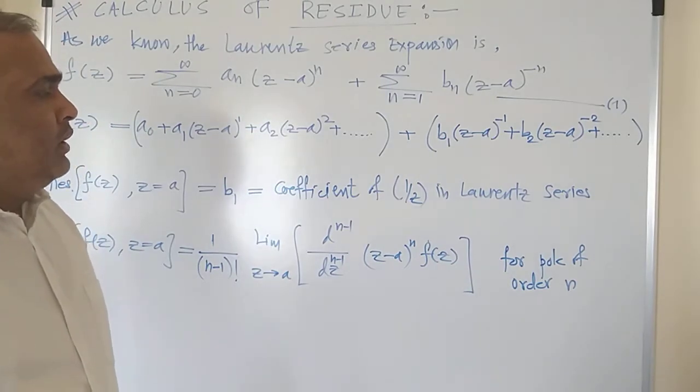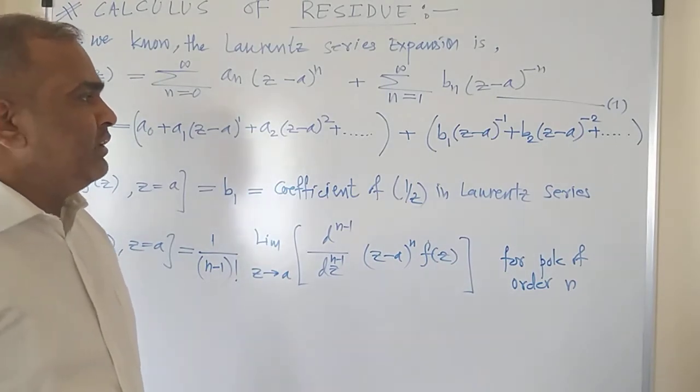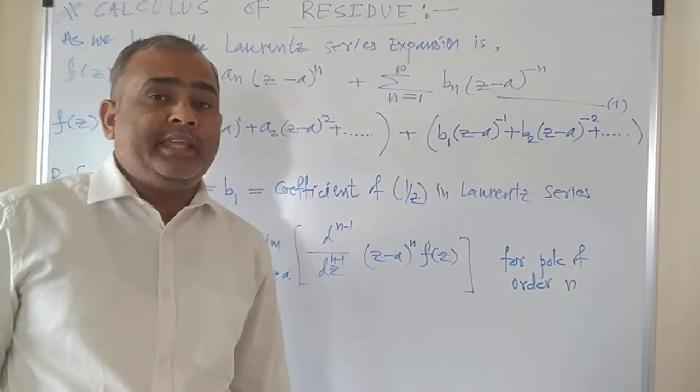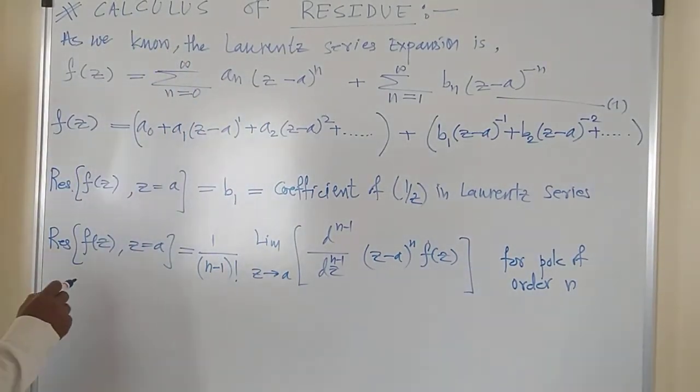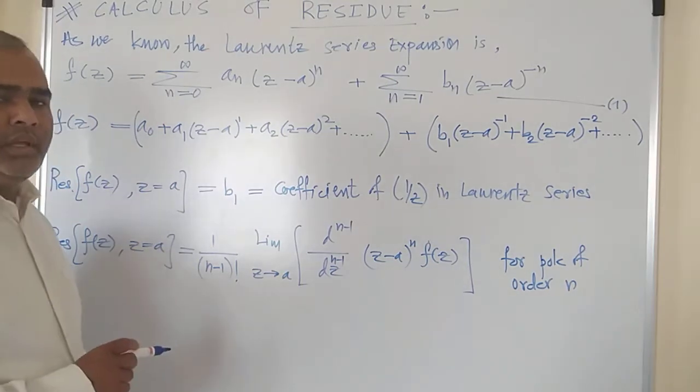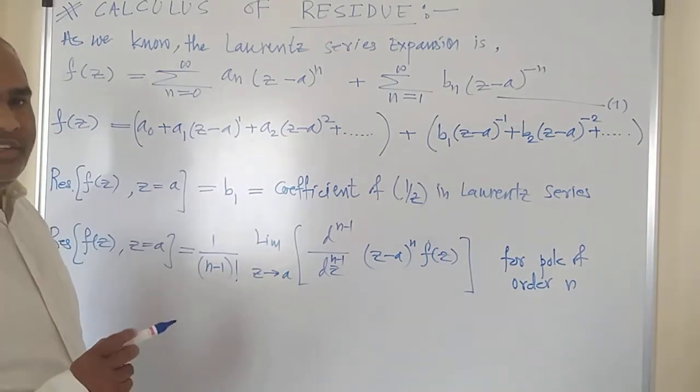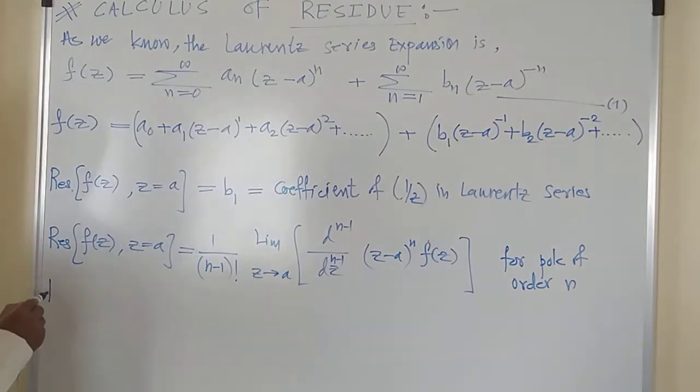Now you will be asked to calculate the residues of the given complex function at infinity, right? So you have some different formulas to calculate the residue of the given function at z is equal to infinity. Let me write these formulas also.